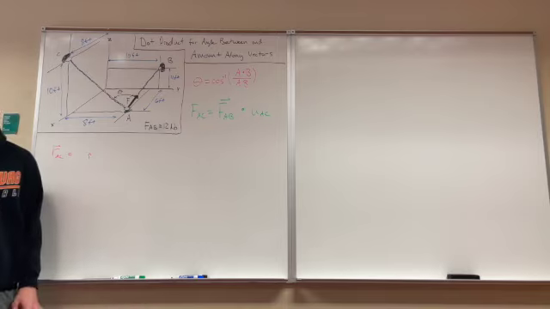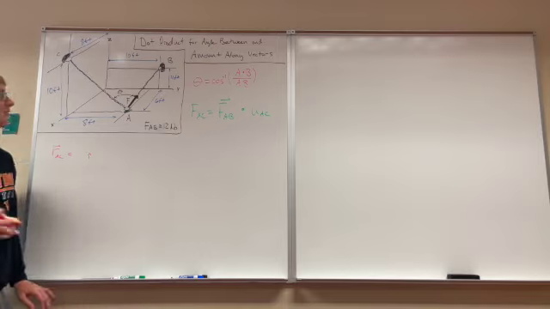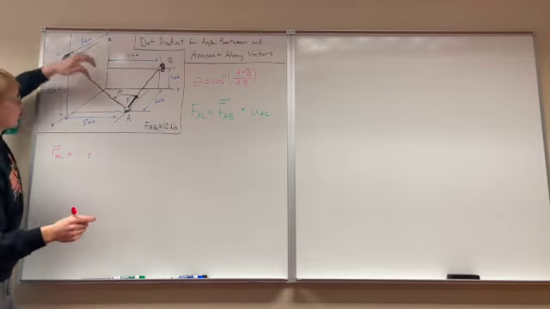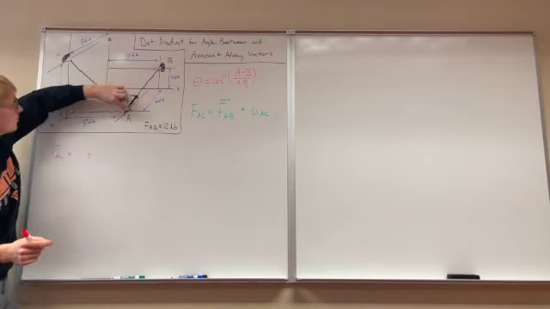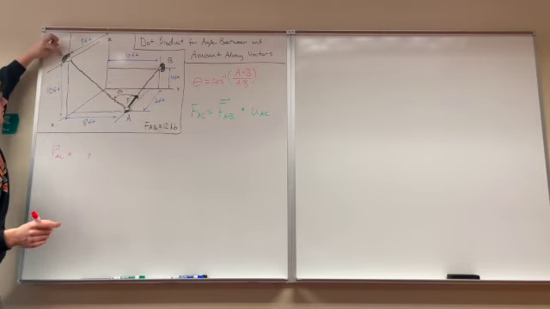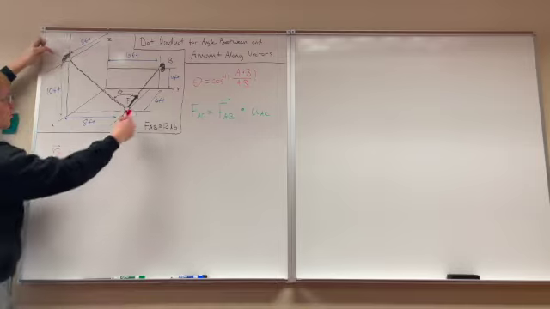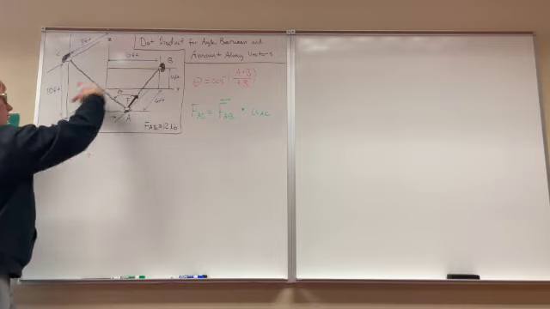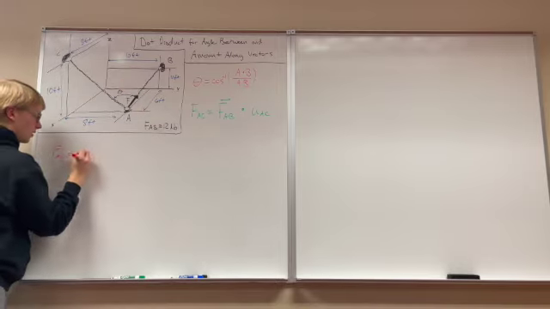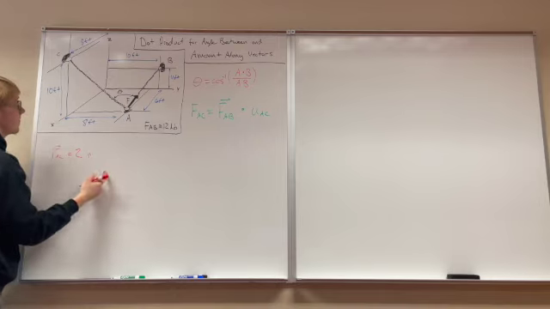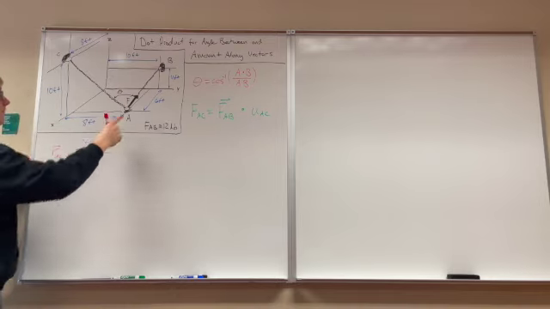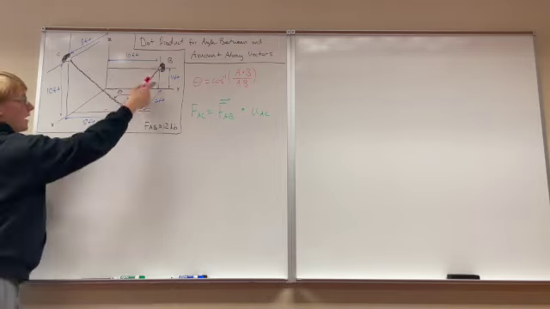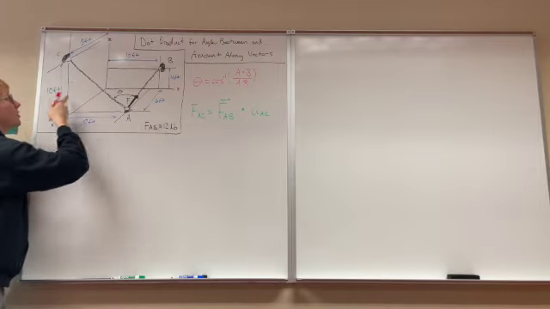Okay, so let me be clear. These are hard to look at sometimes, but we're going from 6 to 8. Therefore, we're going +2 feet in the X direction. In the Y, we're going from 8 feet back to 0.